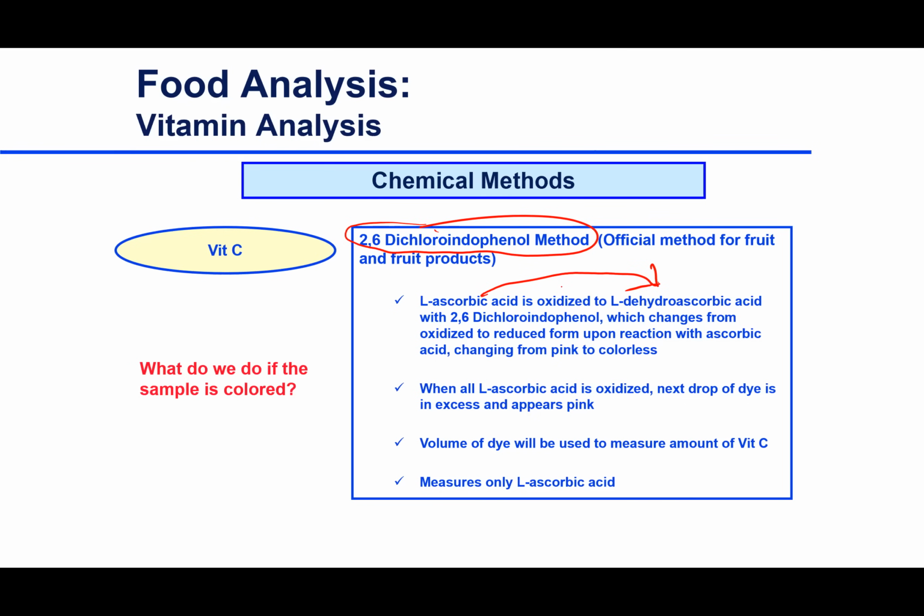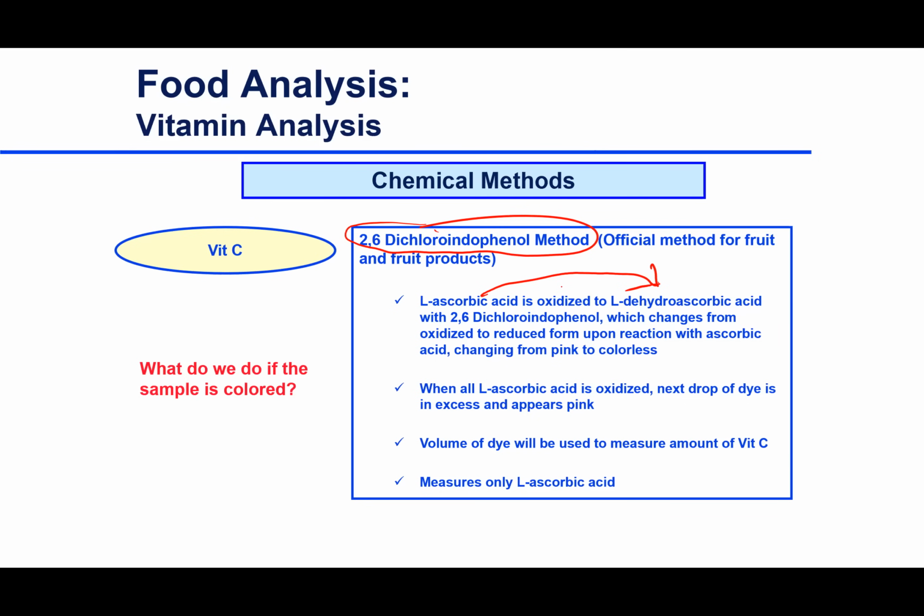When all the ascorbic acid is oxidized to the dehydro form, then because it's clear at that point, in the next drop, it starts to turn pink. So this particular method, as it stands, does not tell you how much dehydroascorbic acid there is. In foods, generally, it's not much. In biological systems, it can be a lot.